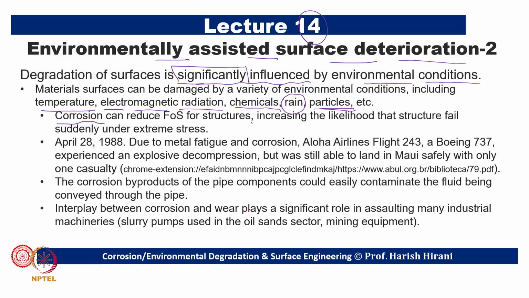If I made a structure and kept a factor of safety of 2, but have not accounted for the corrosion factor, quite possibly after a few years or a few hundred hours, the FOS will turn out to be lesser than 1, or the effective strength will come down and the structure will fail. That is why we say corrosion can reduce FOS for the structure, increasing the likelihood that the structure will fail, and that too in a brittle manner, maybe suddenly.